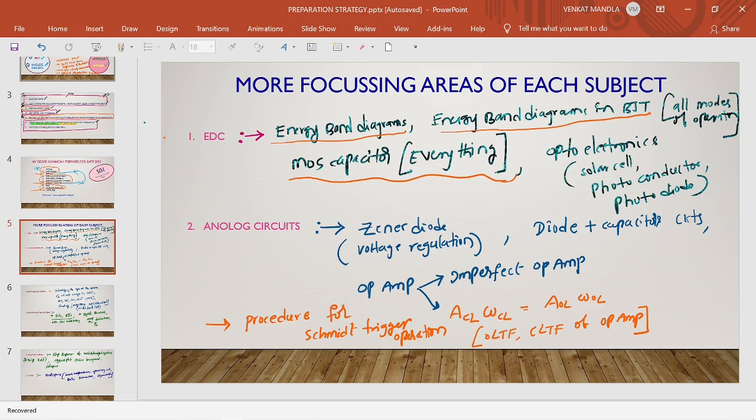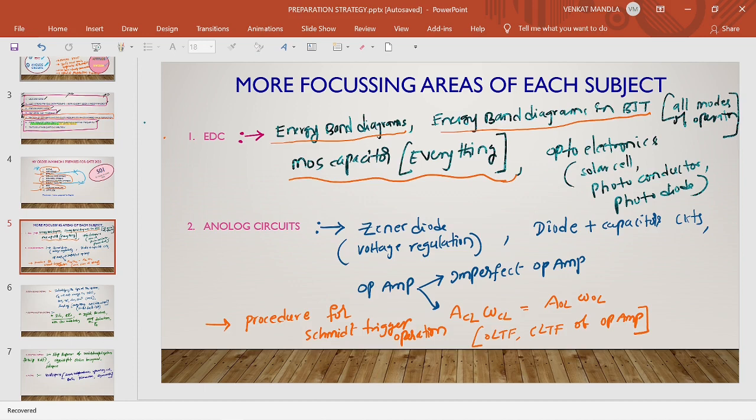In the MOS capacitor, the energy band diagram is very important. From the energy band diagrams, sometimes you need to find the surface potentials or energy gaps, and the threshold voltage equation.